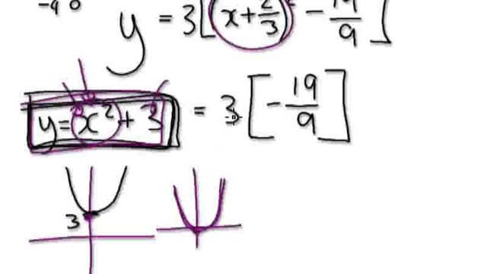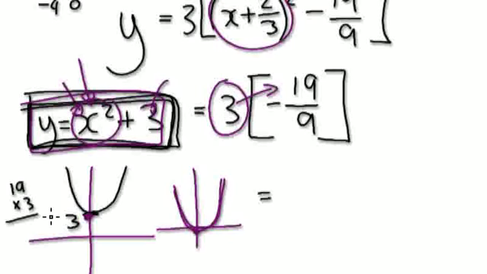Okay, so now it's just time. This is like a 3 multiplying to the top. So the lowest possible point is 3 times minus 19 over 9. So what is 19 times 3? 19 times 3 would be 27, carry the 2, it would be 57.